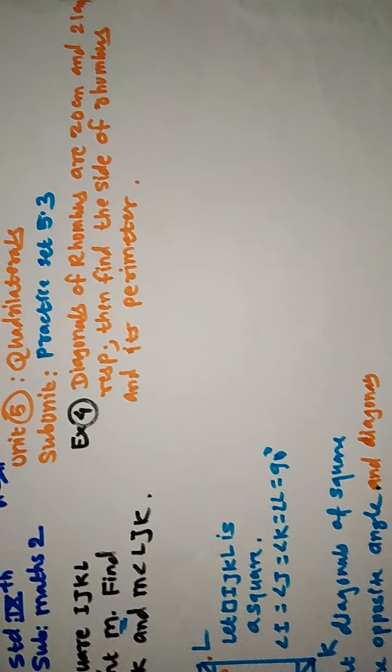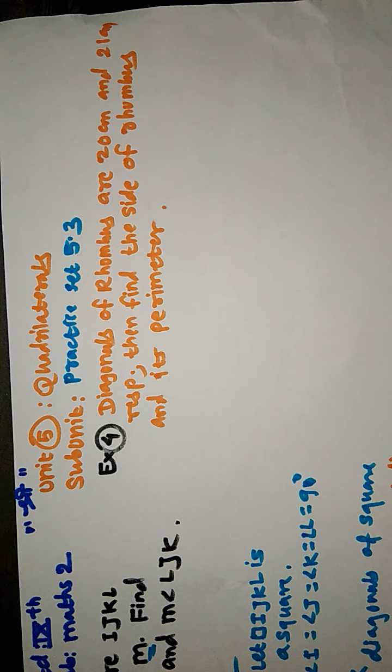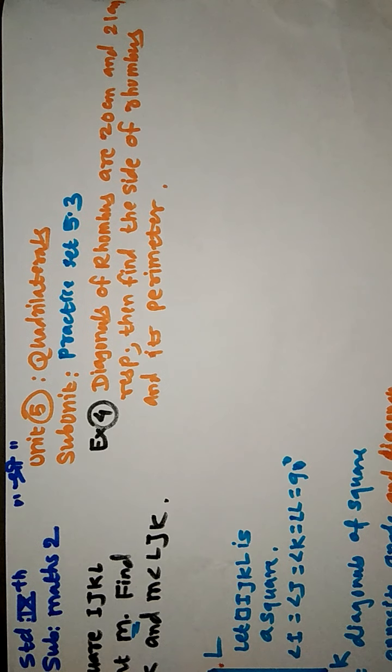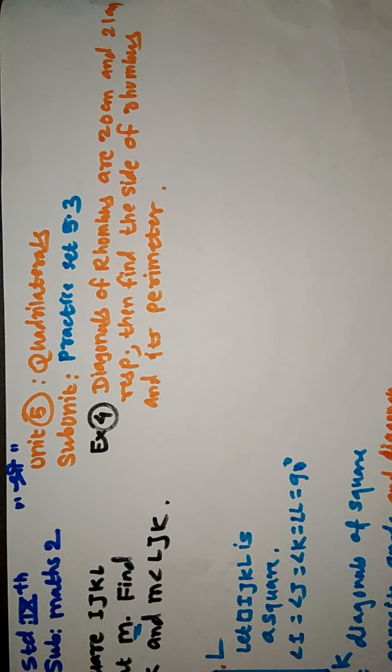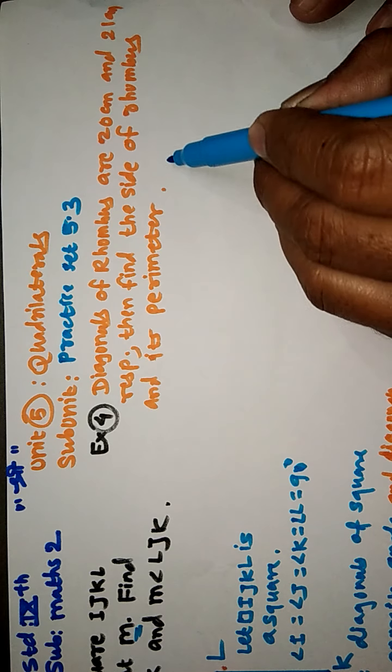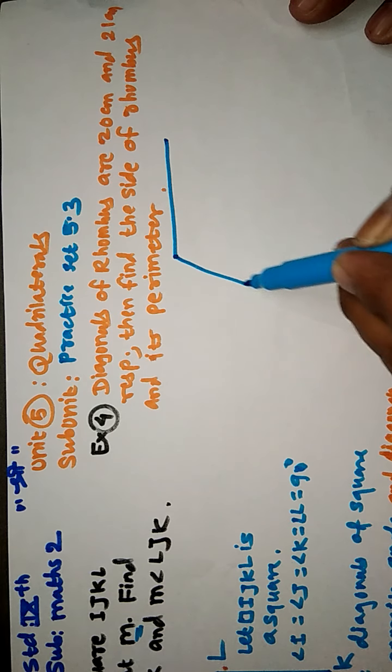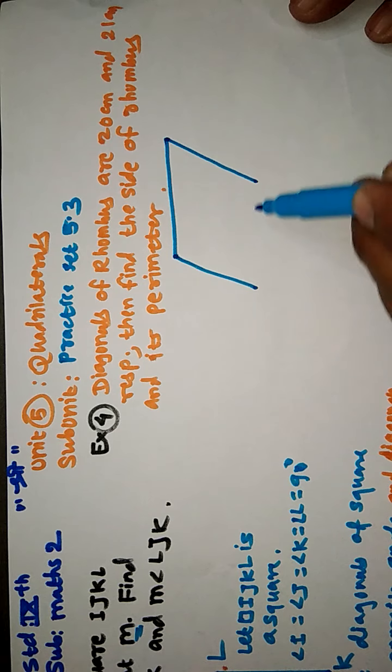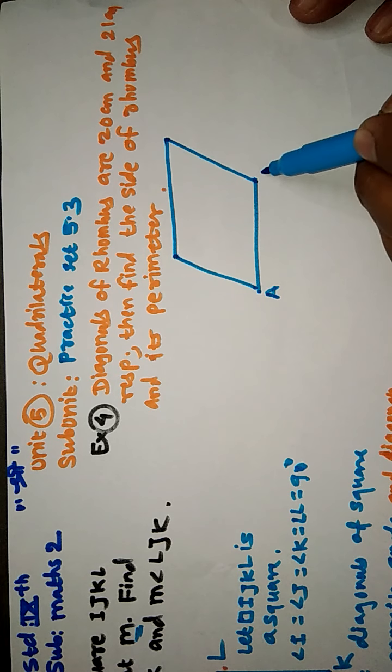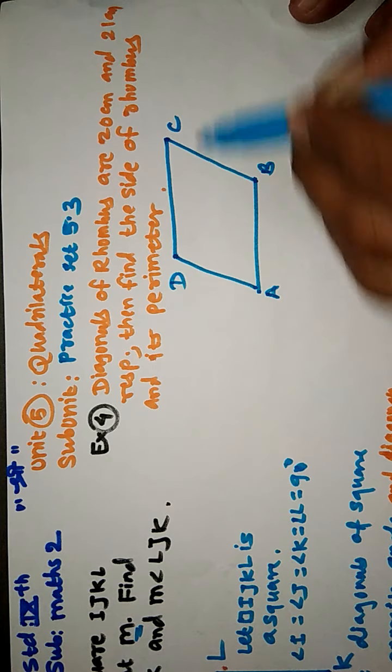Now see example number 4. Diagonals of a rhombus are 20 centimeter and 21 centimeter respectively. Diagonals are given. So draw a rhombus. Name this ABCD.